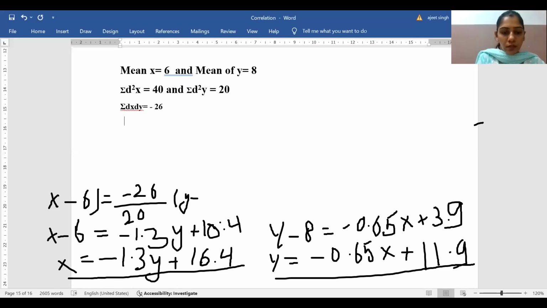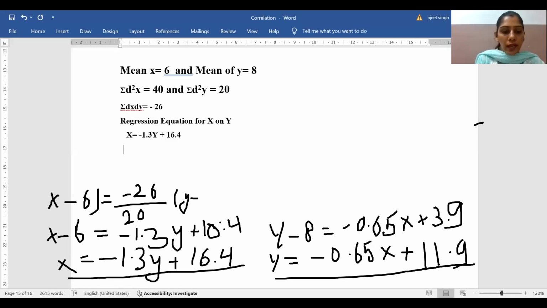The regression equation for x on y is basically x is equal to minus 1.3y plus 16.4.